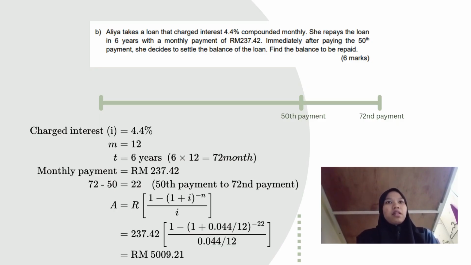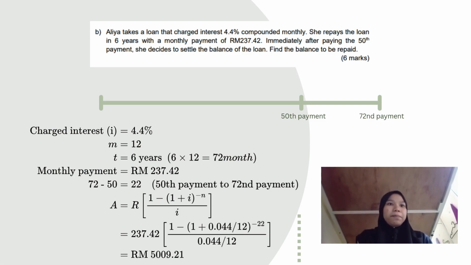Okay. Alia takes a loan that charges interest 4.4%. 4.4% is i. Compounded monthly, which means m equal to 12. She repays the loan in 6 years with a monthly payment of 237 ringgit 42 cents. Immediately after paying the 15th payment, she decided to settle the balance of the loan.